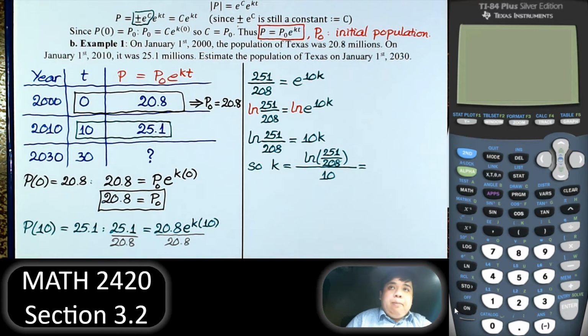Right. Just get the decimal approximation for this. ln of 251 divided by 208, divided by 10. So we have that much, which is about 1.8%, which is reasonable.